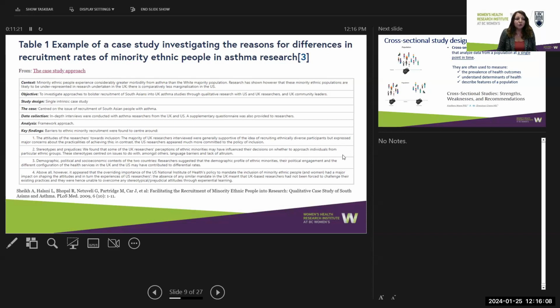So they report the context of the research and the objective. For them, the objective was to investigate approaches to bolster recruitment of South Asians into UK asthma studies through qualitative research. And they explain in a lot of detail how it was done.